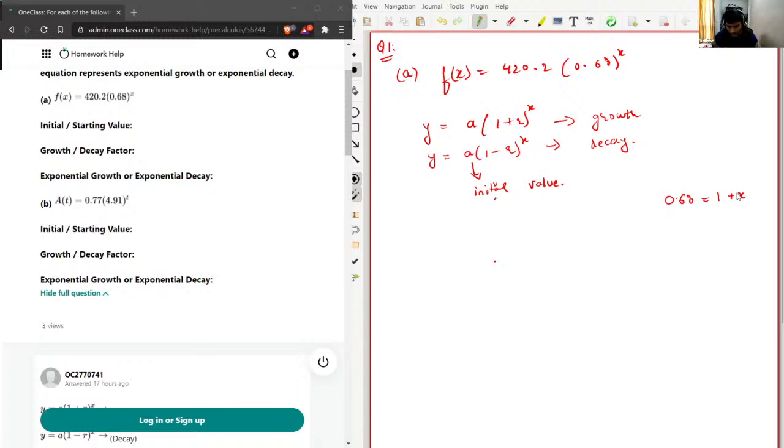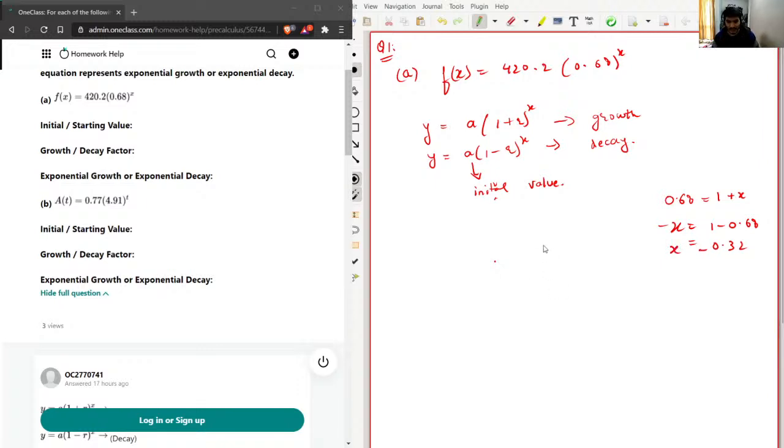So negative of x equals 1 minus 0.68, which is 0.32. This means x will be minus 0.32.